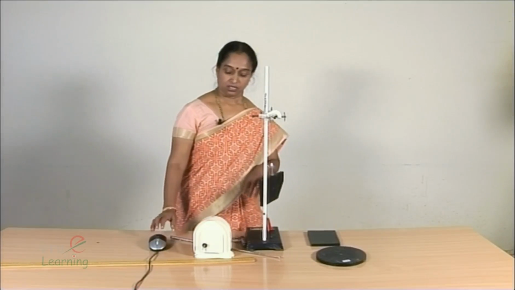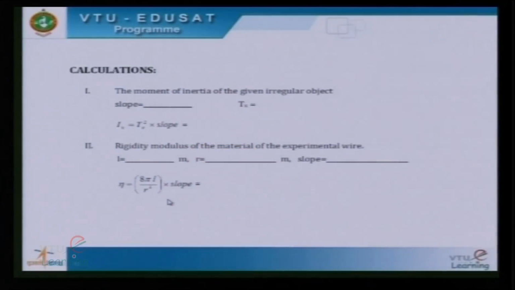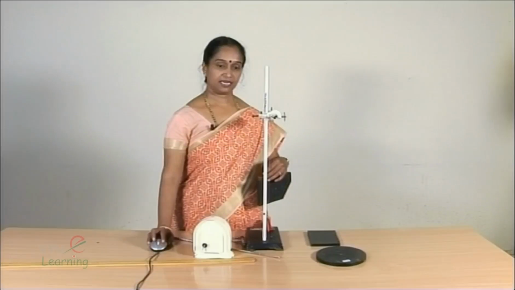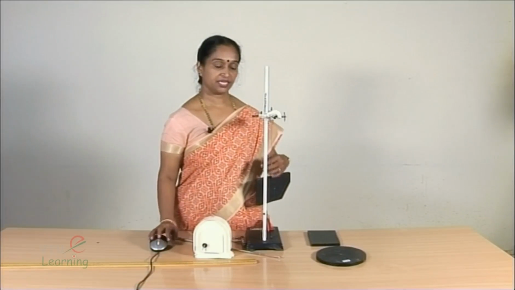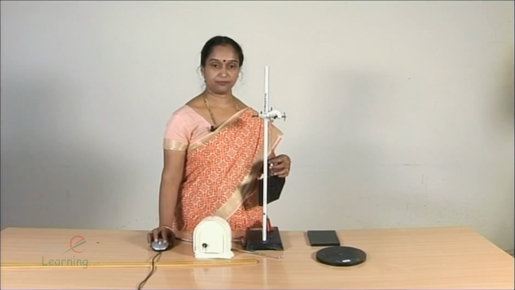And also the rigidity modulus of the wire used for the suspension is evaluated using the relation eta is equal to 8 pi L by r to the power of 4 into slope, where L is the length of the wire already recorded, and r is the radius of the wire so determined.